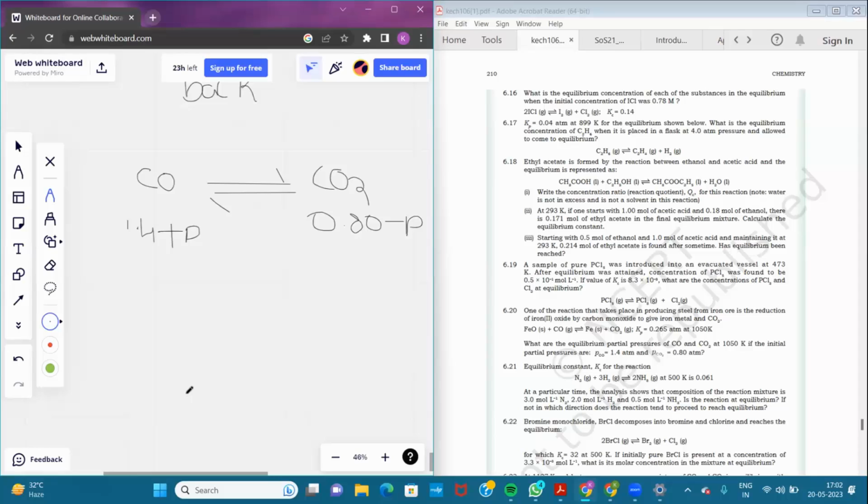You need to carefully observe those reactions. By writing the expression of Kp, partial pressure of CO2 by partial pressure of CO, we can directly write it as 0.8 minus P by 1.4 plus P.